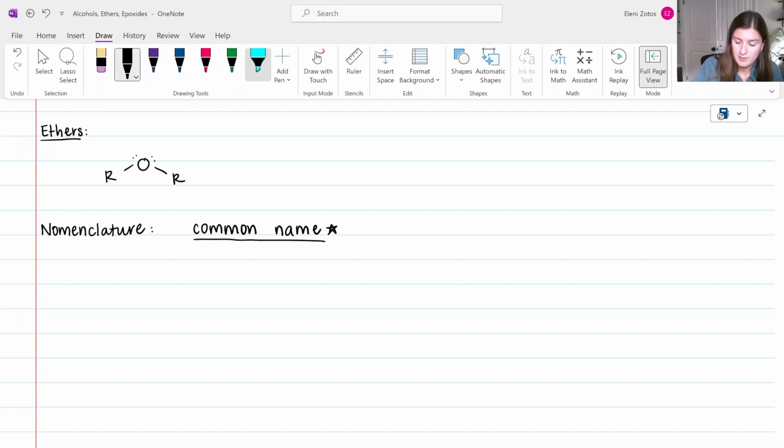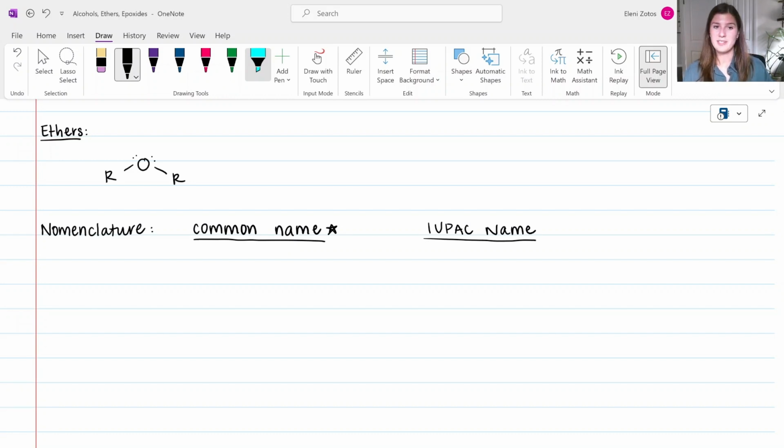So we'll look at molecules, we'll name them with their common name and following the IUPAC rules, so you can kind of see the difference. They are similar, but the common names are quite intuitive.